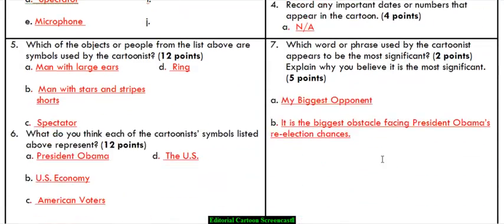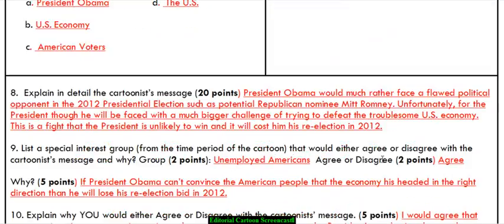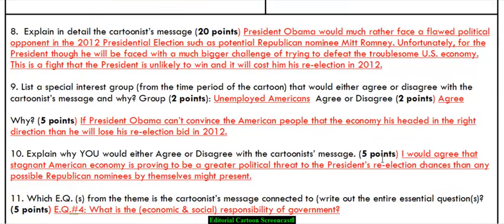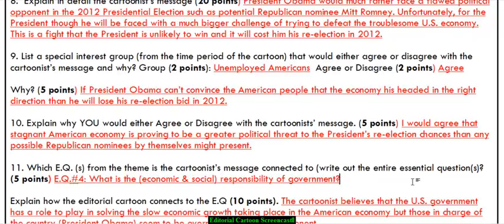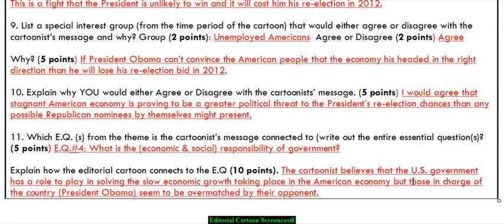We've then taken that basic information and applied it to question number 8, explaining the message, the opinion of the cartoonist, which has then helped us address questions 9, 10, and 11, with question 11's focus being on the essential question, or choosing an essential question or questions from the theme and being able to explain how it fits. And that concludes this lesson about editorial cartoons.